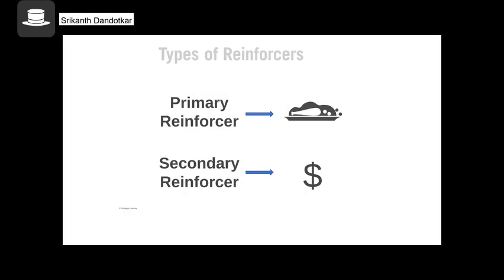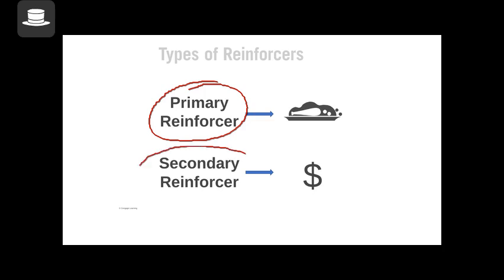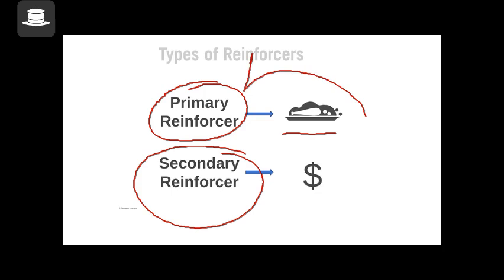So there are two types of reinforcers: primary reinforcer and secondary reinforcer. Primary reinforcers satisfy our basic biological needs or drives. So we are born to appreciate these reinforcers like sleep, food, sex, air.